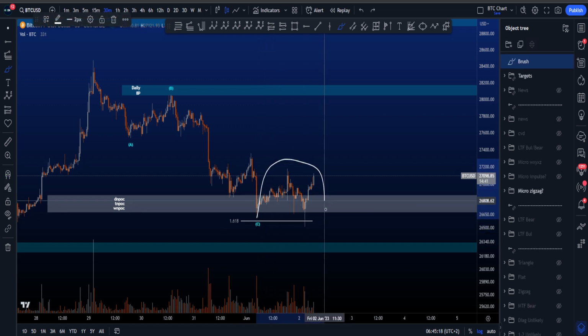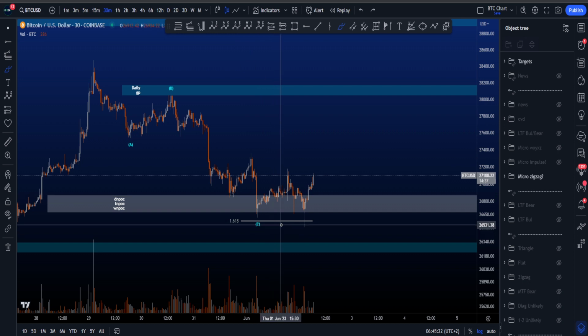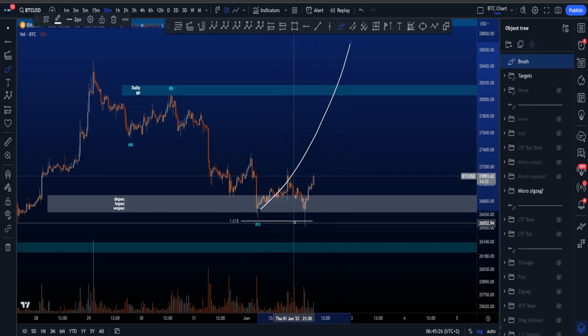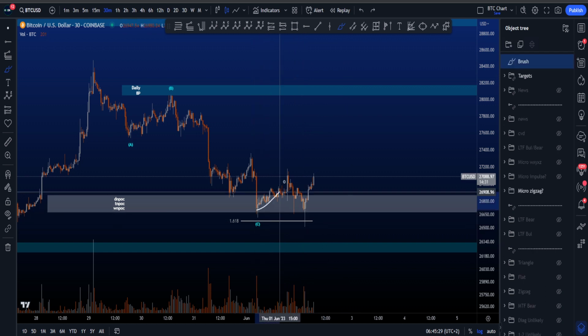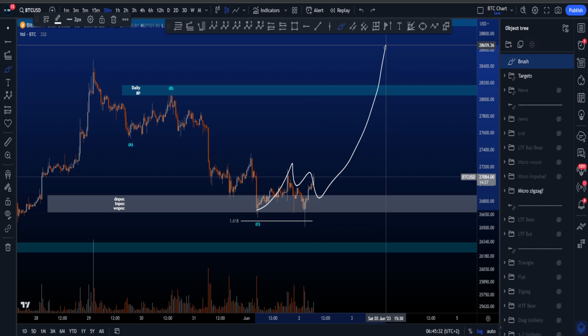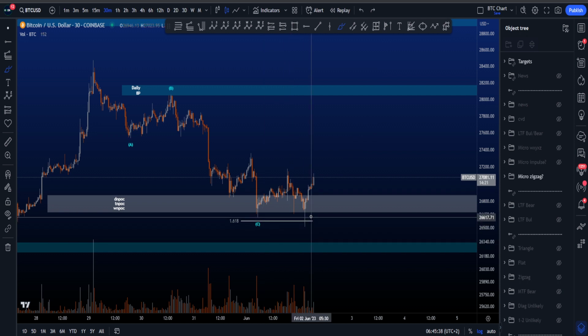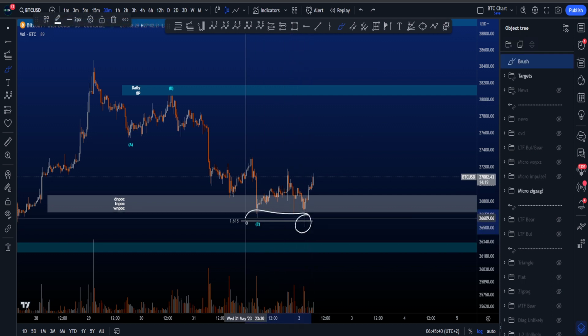But that then leaves us with this structure, because if this is the end of a zigzag scenario in an ABC and we want to see a continuation to the upside in an impulsive structure, you want to see a wave 1 followed by a corrective wave 2 and then eventually a wave 3 to the upside, where this wave 2 is not allowed to take the low of the origin of wave 1. However, in this scenario, we took the low over here, right?